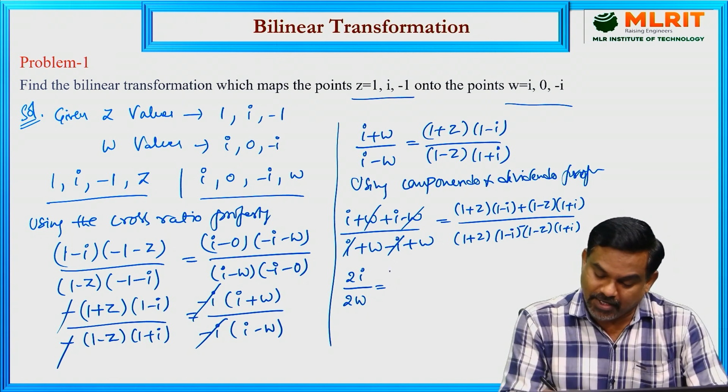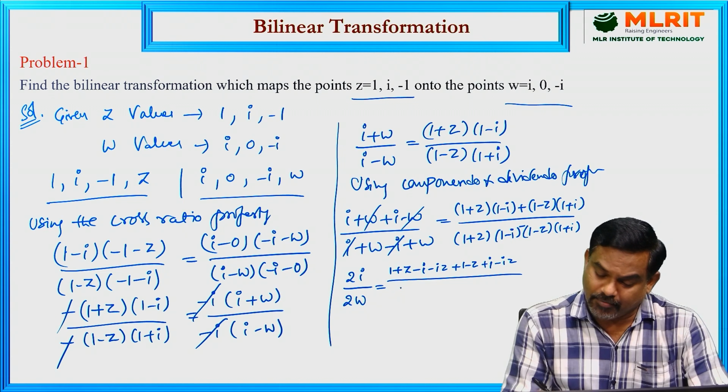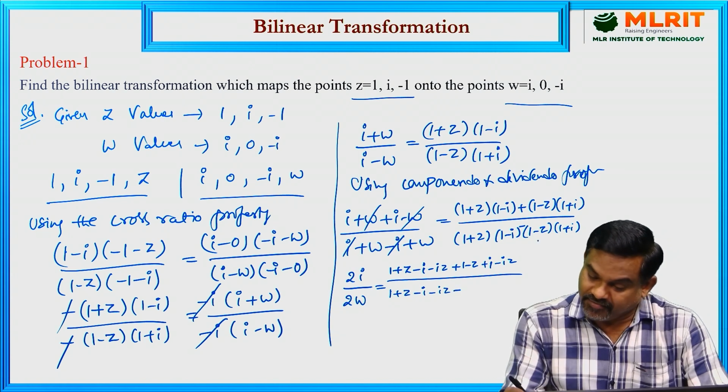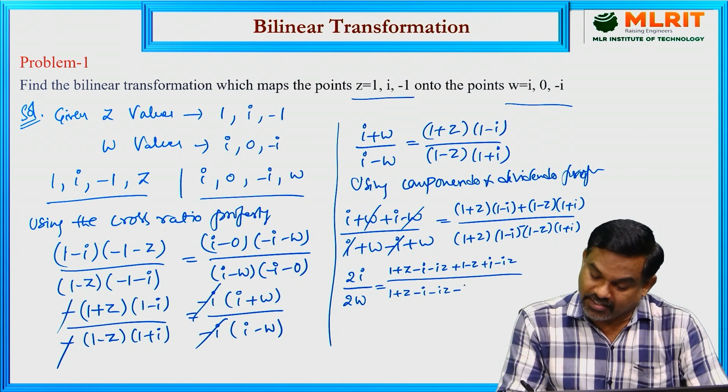So here by multiplying: 1 + z − i − iz + 1 − z + i − iz, divided by, the same thing in the denominator, 1 + z − i − iz, now minus sign, 1 into 1 + i, so minus 1 minus i, then minus minus plus z plus iz.